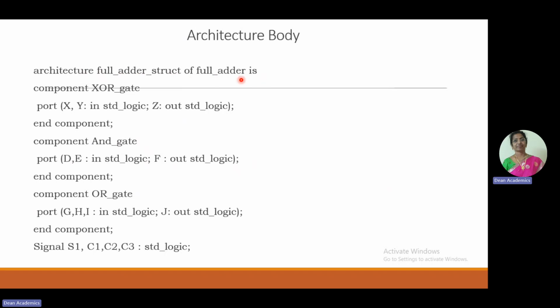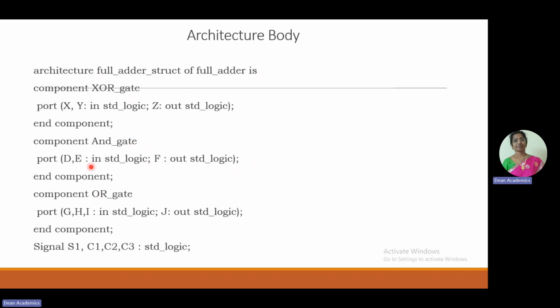Architecture of entity full adder is component XOR gate. The XOR gate, AND gate, and OR gate are defined in the library, and we are declaring the components here. Component XOR gate, port X, Y in standard logic type, Z out standard logic type, end component.